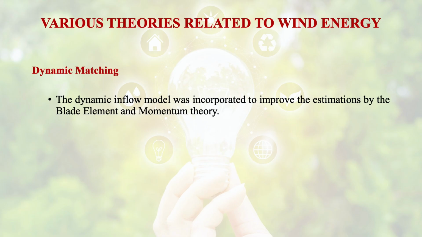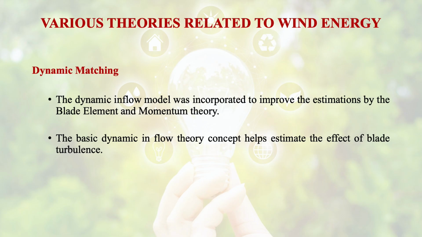Then another theory is dynamic inflow. The dynamic inflow model was incorporated to improve the estimations by the blade element and momentum theory. The basic dynamic inflow theory concepts help us to estimate the effect of blade turbulence as well.